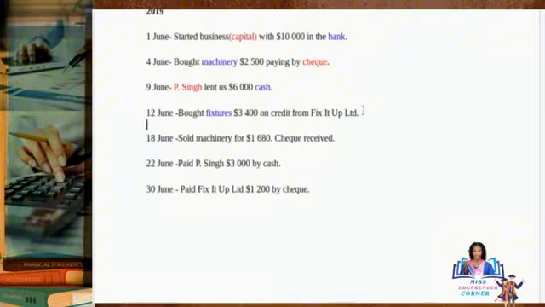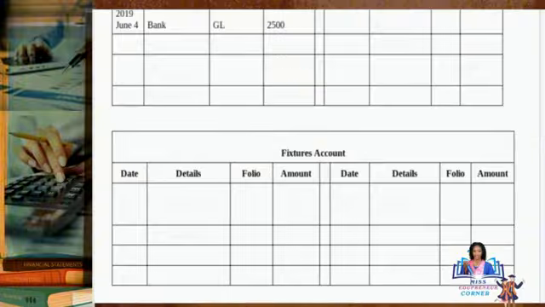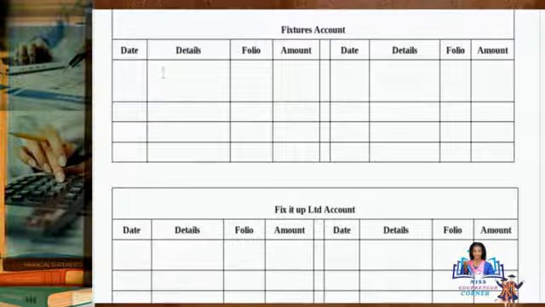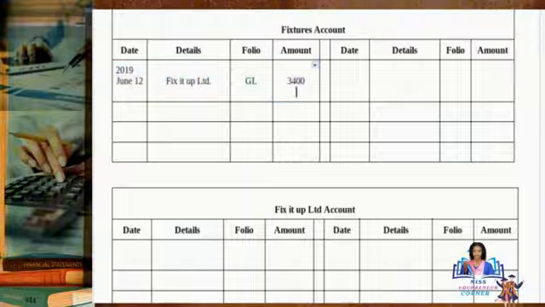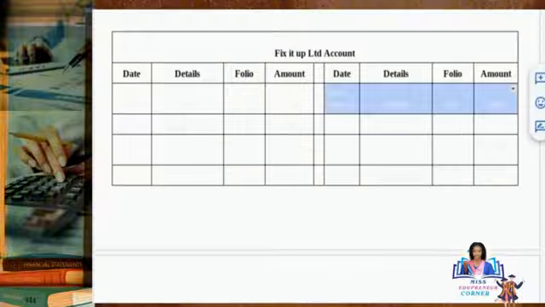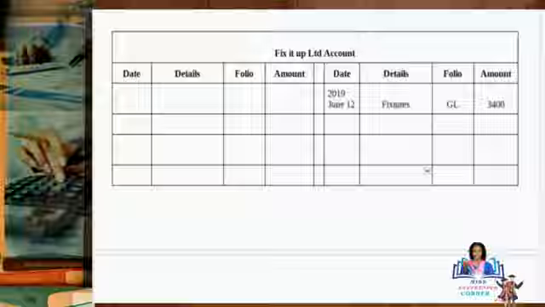So hence, we'll have to credit Fix It Up Limited's account. And we credit Fix It Up Limited's account.